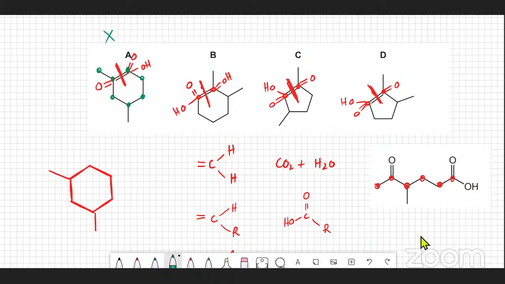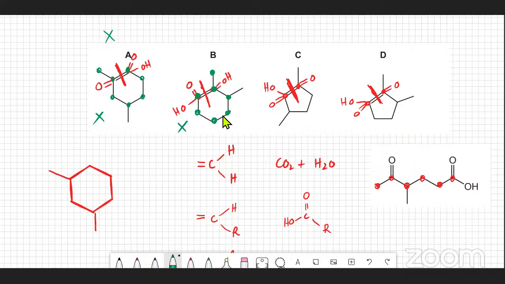This is 6 carbon atoms in a line, with a branch on the third one, but in a straight line that's 6 carbon atoms. So this is the first one, that's not possible. What about the second one? That's 1, 2, 3, 4, 5, 6, and 7 in a straight line. Again, that's not going to be the one.